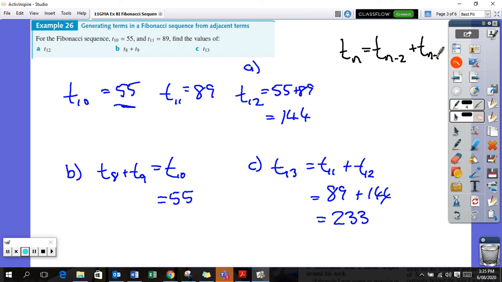So that's the previous term, and that's the one before it. Term n minus 1 is the term before n, and n minus 2 is 2 terms before n. Okay, so that's the general rule for the Fibonacci sequence.